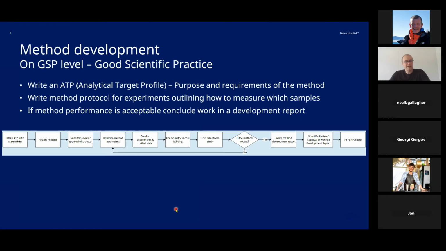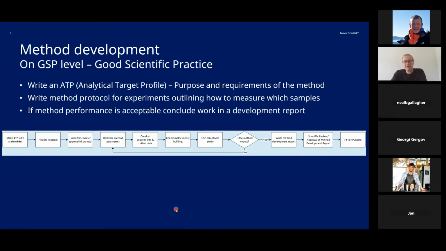And the ATP is sort of the document covering the negotiation between us that are developing the analytical method and the customers, people that have the pain. What pain do they need to have solved, and what are the requirements for the analytical methods? So that's a negotiated document where we agree.